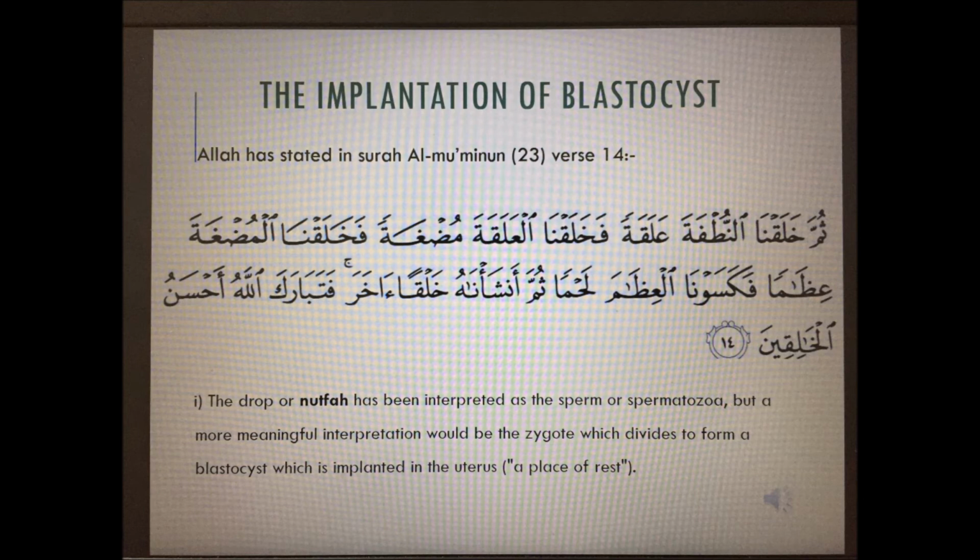The drop or nutfah has been interpreted as the sperm or spermatozoa, but a more meaningful interpretation would be the zygote, which divides to form a blastocyst, which is implanted in the uterus, a place of rest.